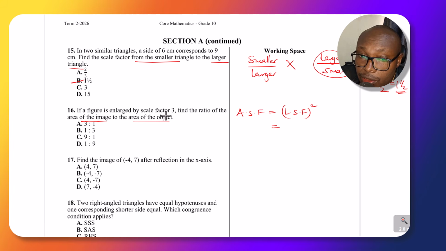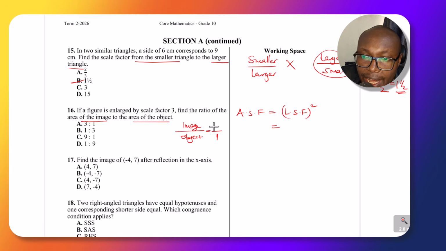When you're giving the ratio, we need to understand the image to the object. So the image should be at the top and then the object should be at the bottom. That is the denominator.